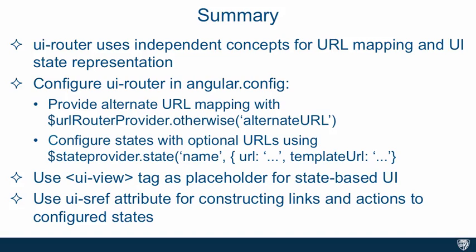If you're specifying this attribute on an anchor tag, and your state defines a URL associated with it, the UISref directive will create the href attribute on that tag for you, so when you click it, it will update the browser address bar.